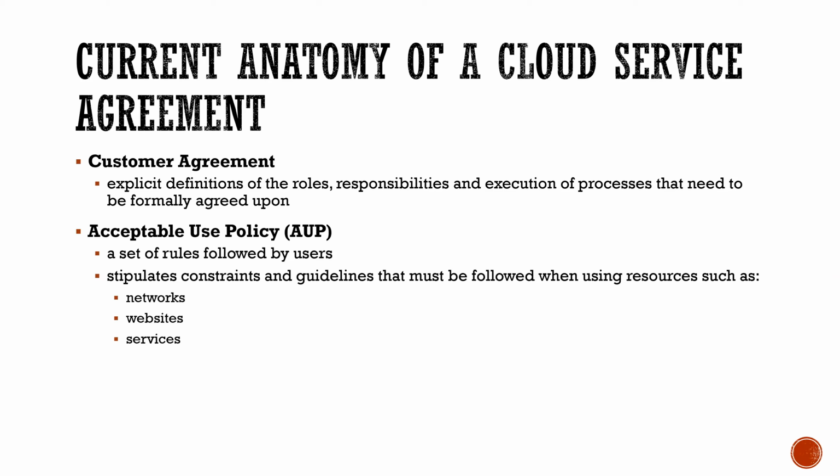Acceptable use policies describe the set of rules to be followed by the customer, by the users. It identifies the guidelines that must be used when accessing resources, networks, websites, and/or services.